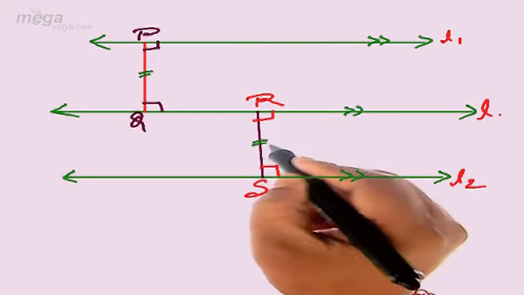So you get mod 5 minus c upon 5 is equal to mod minus 17 minus c upon 5. When we remove the mod we take plus minus on one side, and the 5 and 5 cancel, so finally we get 5 minus c is equal to plus minus of minus 17 minus c.